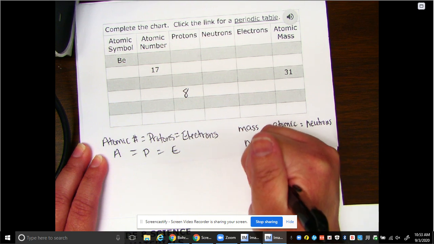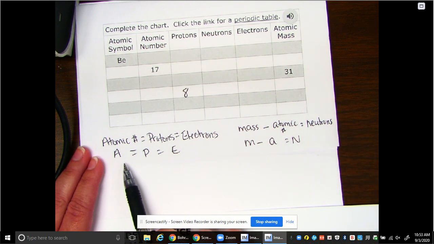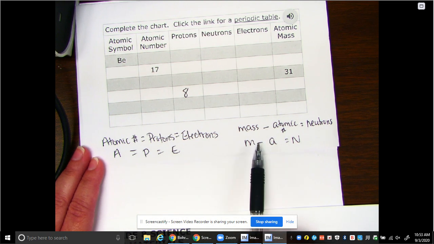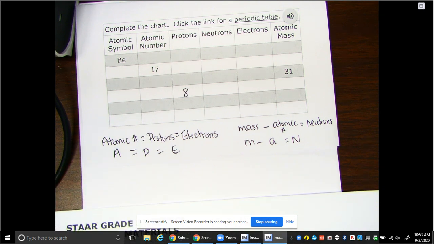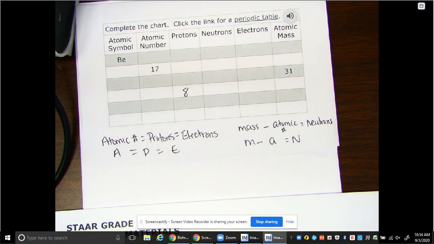Okay, that's M minus A equals N. So A equals P equals E, and man, M minus A equals N. Okay, APE Man. So I'm going to use my periodic table and the information that's already been given to me to fill in this information.